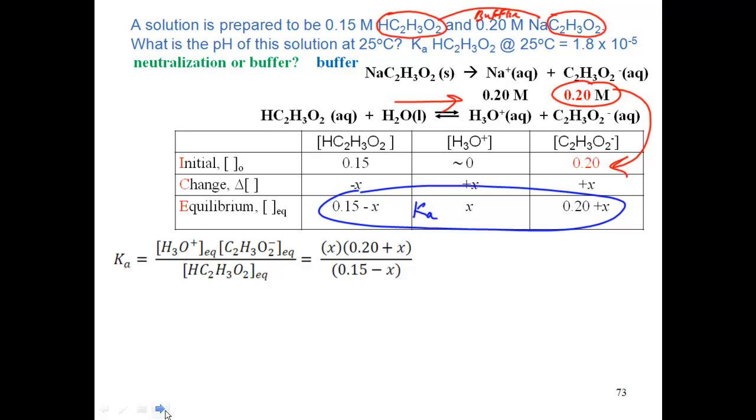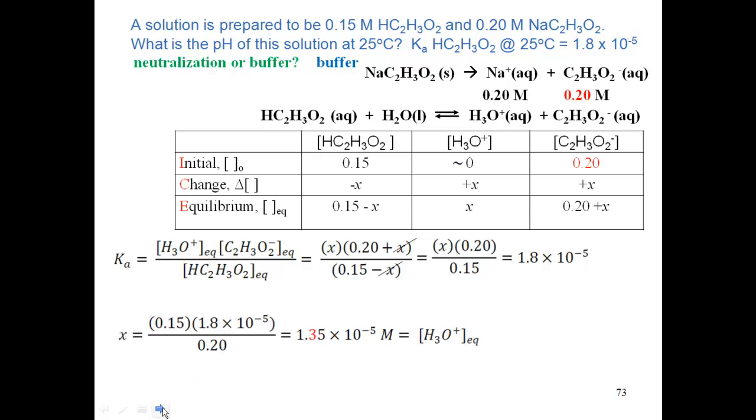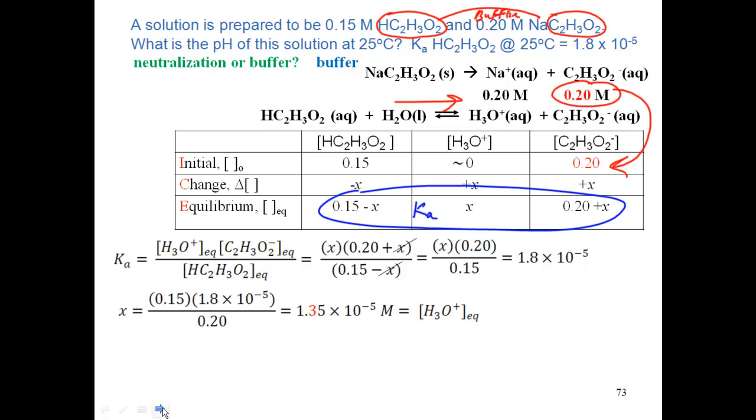Then I know it's a buffer, and I have similar concentrations of my conjugate base and acid, so I will neglect my X's, which then leaves me X times 0.2 divided by 0.15 equal to 1.8 times 10 to the negative fifth. Multiply through by 0.15, divide by 0.2, which gets me 0.15 times 1.8 times 10 to the negative fifth divided by 0.2, which gets me 1.35 times 10 to the negative fifth molarity, where that red number 3 is my sig fig location. I have a guard digit that I left in my calculation.